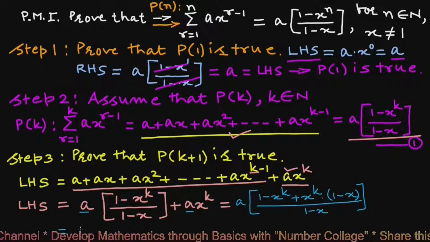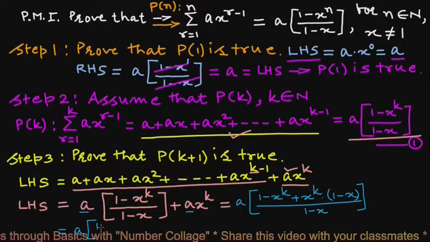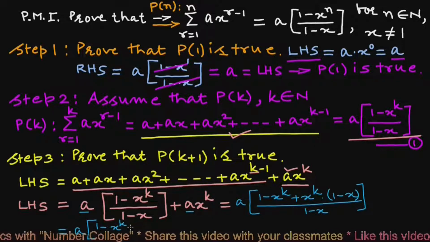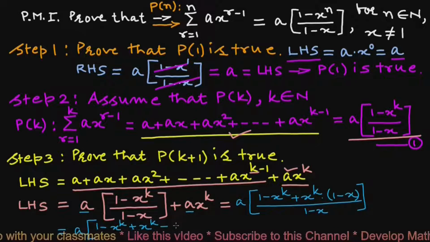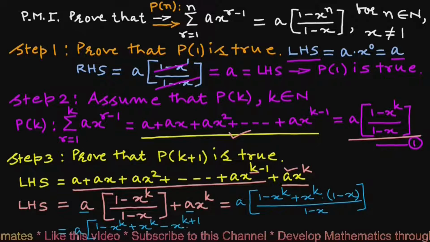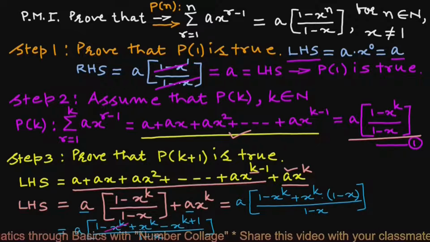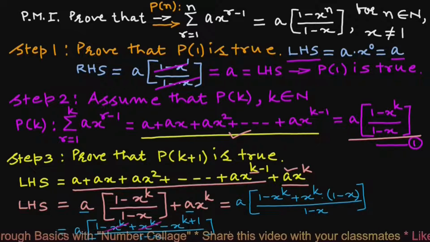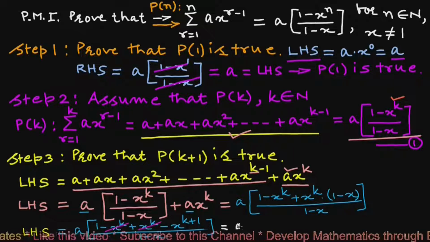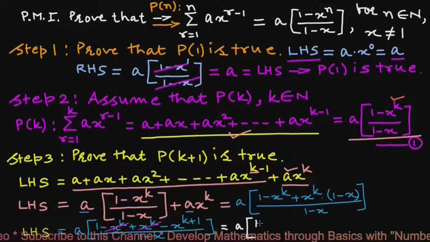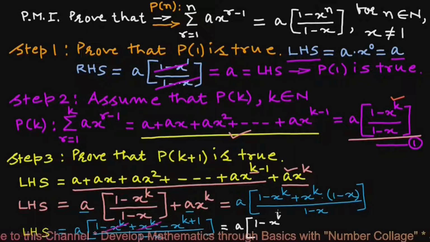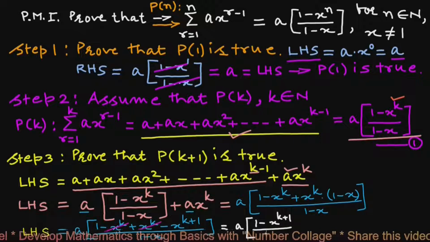That will be a multiplied by 1 minus x raised to k plus x raised to k minus x raised to k plus 1 upon 1 minus x raised to k plus x raised to k will be 0, and that equals a multiplied by 1 minus x raised to k plus 1 upon 1 minus x.